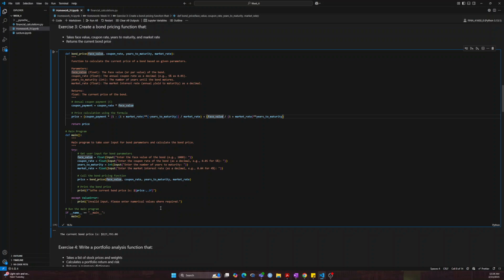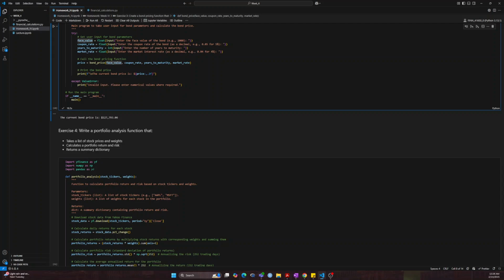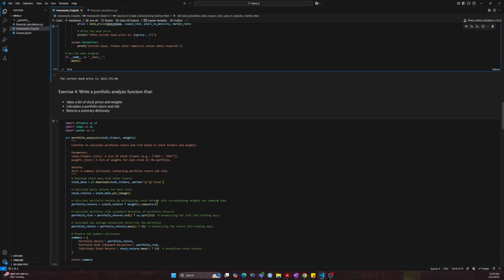And then moving on to exercise 4, here I developed a function to analyze portfolio performance given stock tickers and weights. The function pulls stock price data, calculates daily returns, you can see here, and then computes portfolio return and risk using weighted returns and standard deviation.